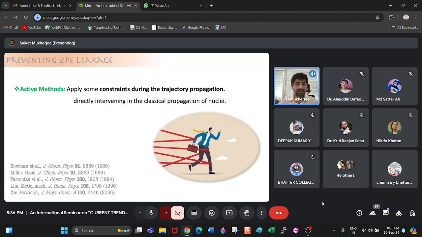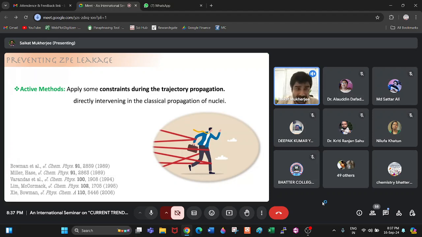So there are other methods, called active methods, where we apply some constraint during the trajectory propagation. These constraints satisfy the zero-point energy threshold. They monitor the energy, and whenever it goes below the zero-point energy, my propagator says, no, it is wrong, please go in some other path.